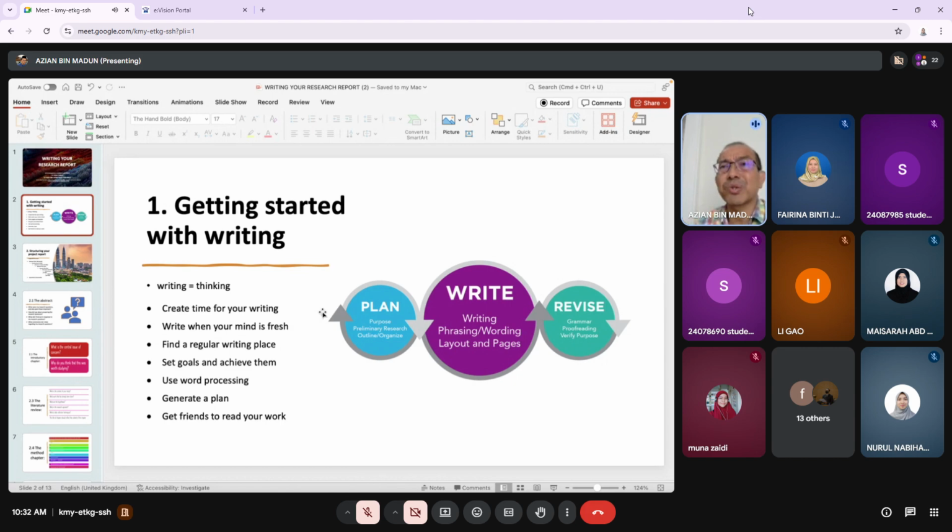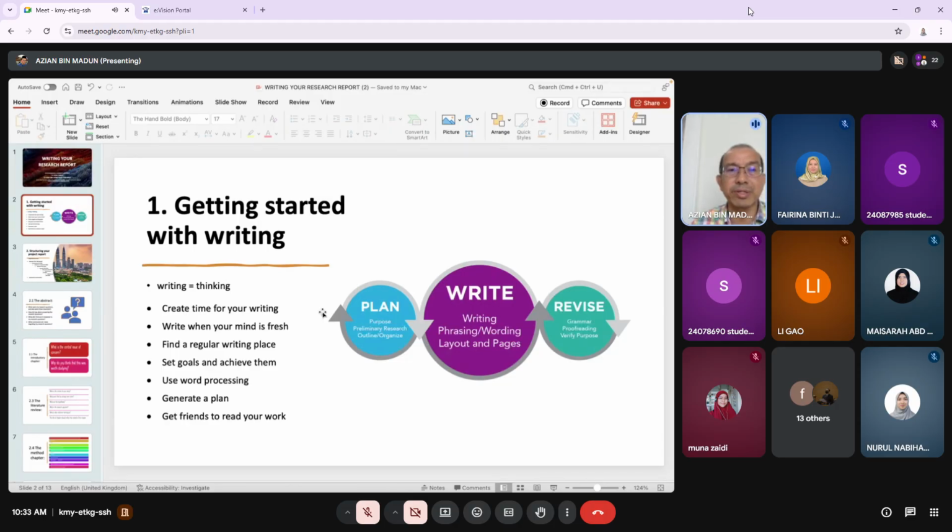So in your case as well, make use of AI, tapi jangan pula copy bulat-bulat. Do not copy and paste exactly. If you do that, you will surely fail. You will surely have problems later on. So use AI in terms of ideas, in terms of how to write properly lah.